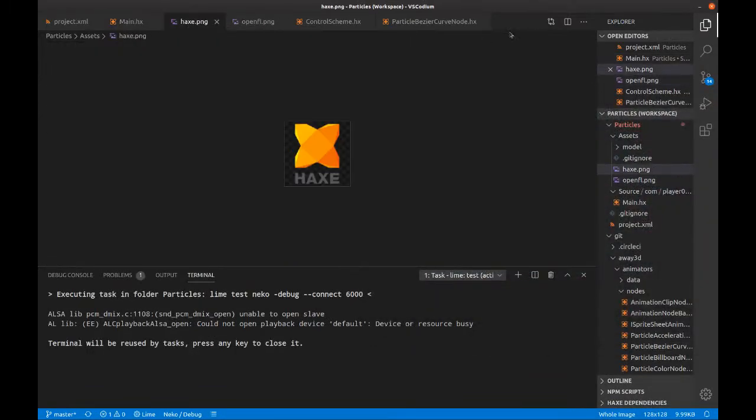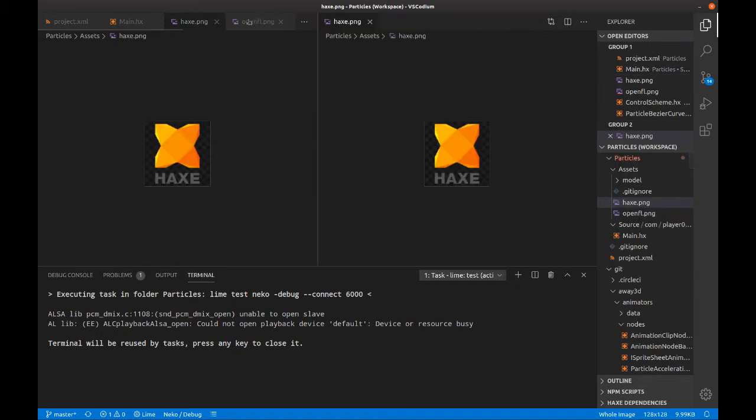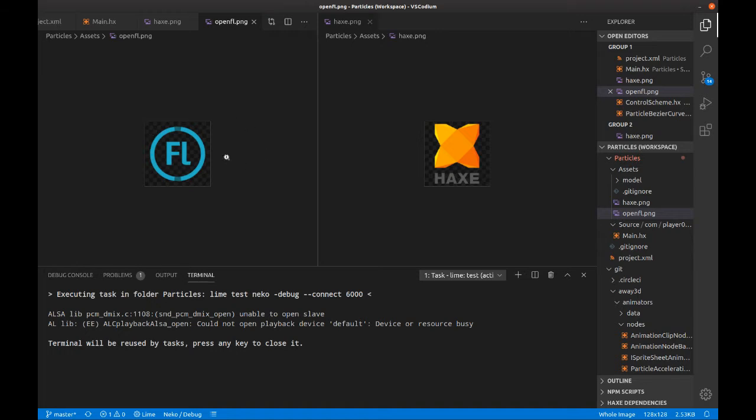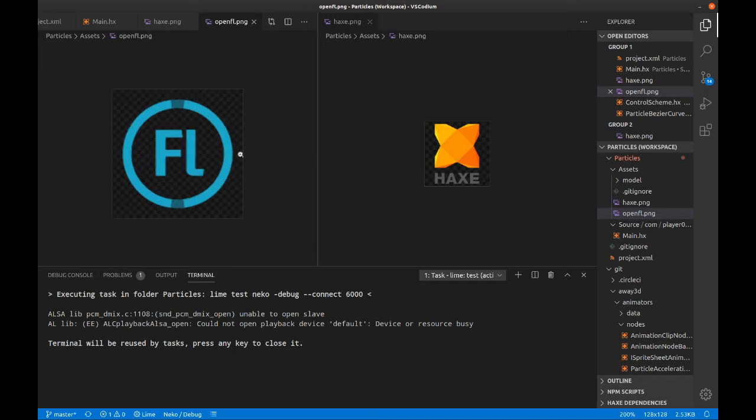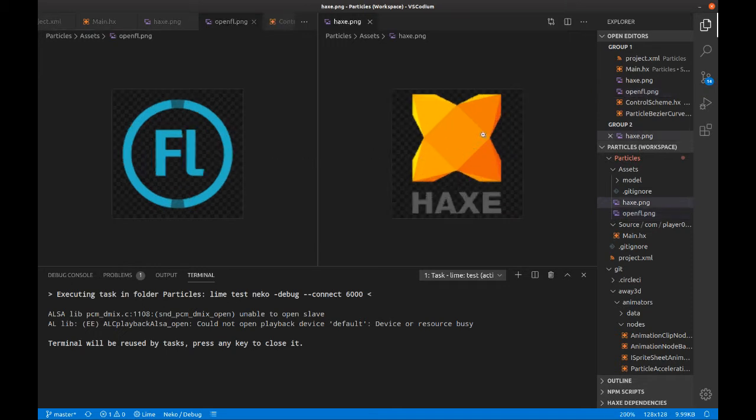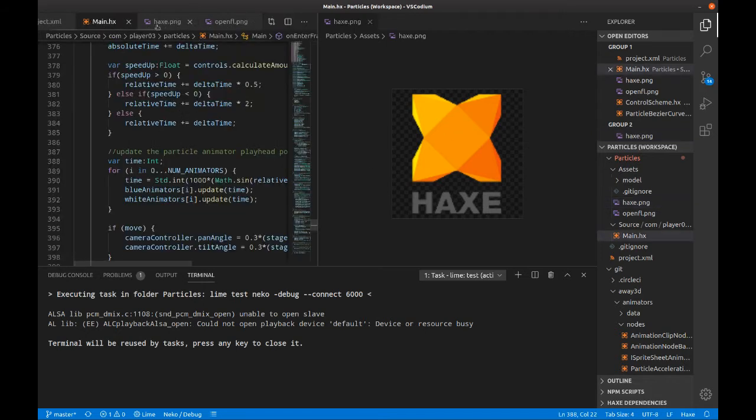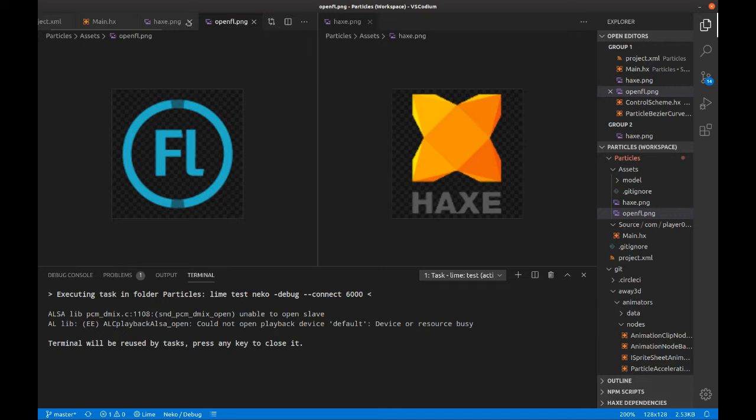In any case, they have something a little fancy going on with these 2 images, the Hacks logo and the OpenFL logo. Someone asked about what programs are being used. These are 2 of them. Hacks is a language, so this code is written in Hacks. It's a coding language.